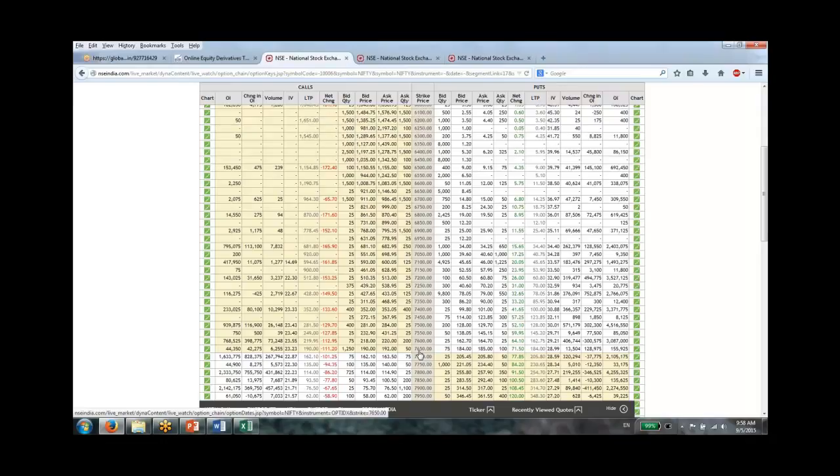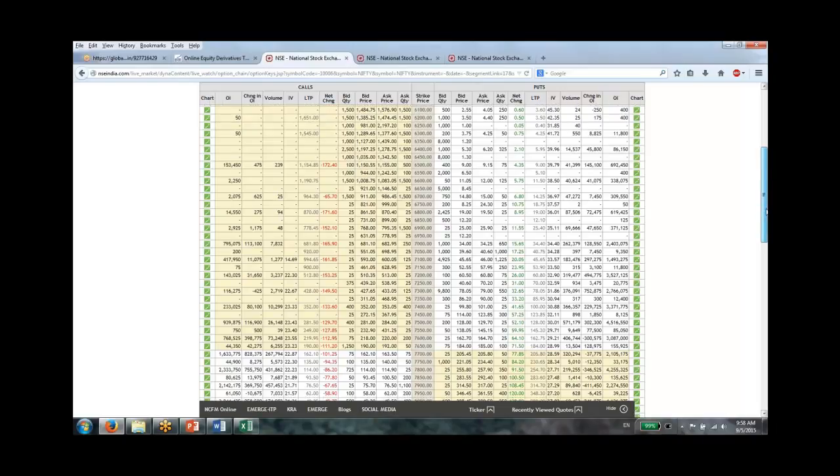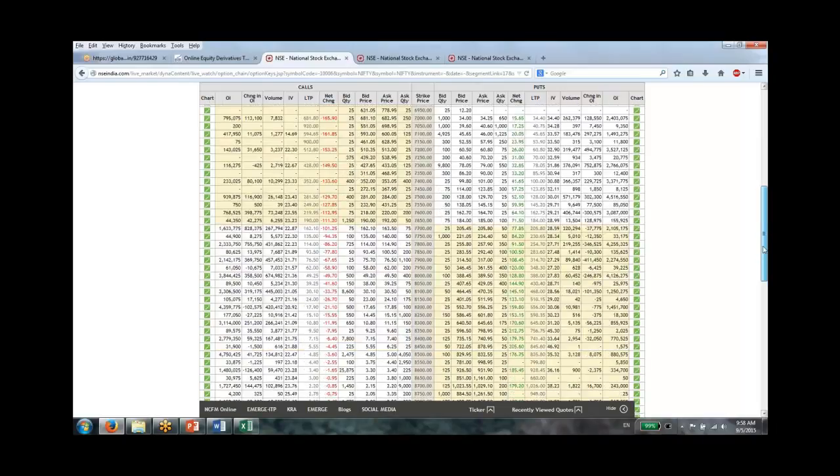However, for a call option, the more out of the money you go, that is on the left hand side of the screen, these are call options, on the right hand side are the put options. On the left hand side, the more down you go, the more the strike price is increasing. The options in the white area are the out of the money options.